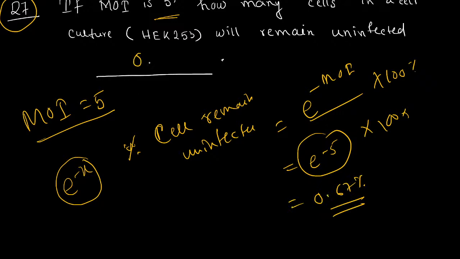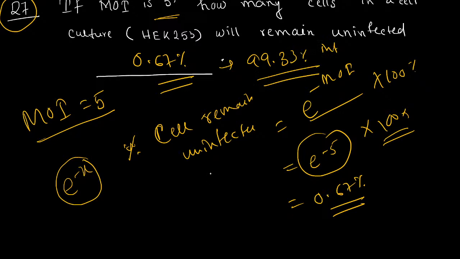So 0.67% of cells will remain uninfected. Yes, but you have to multiply it with 100 to get the exact value, and the remaining 99.33% of cells are infected. Just think once that if you are adding virus to a cell culture, it does not mean that all your cells will be affected.